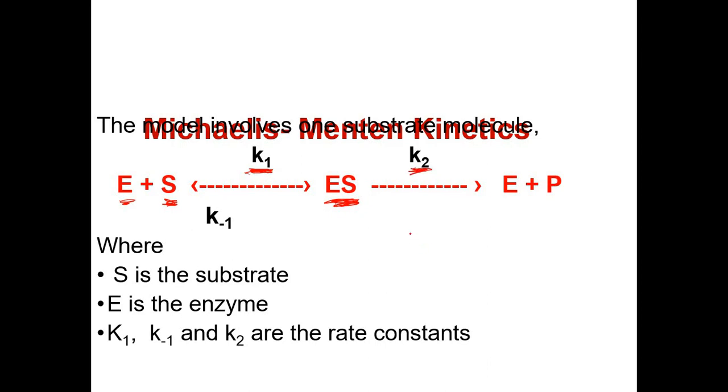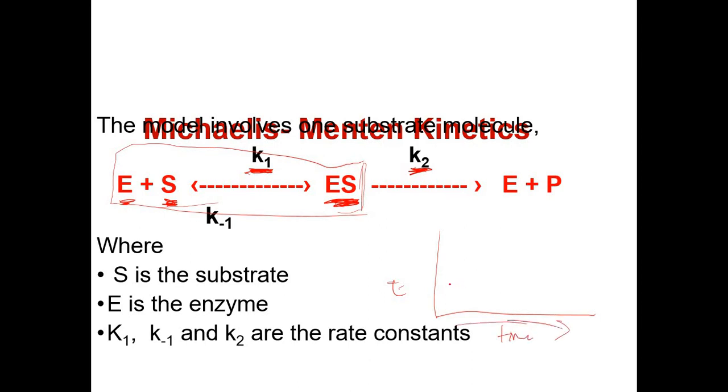Now, according to Michaelis-Menten, the first reaction could proceed backwards. In the graph, this is energy and this is time. The reaction proceeds from the reactants here, and then it should form the enzyme substrate complex here, and then enzyme plus product here.